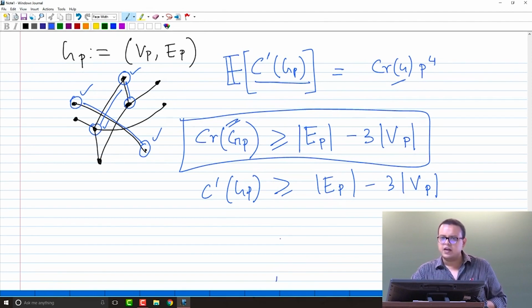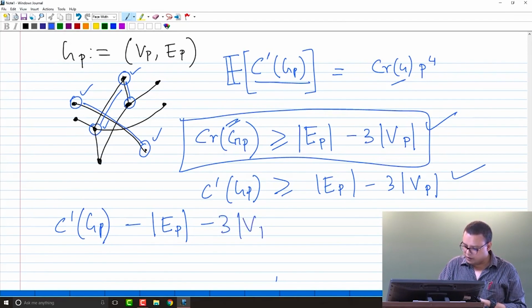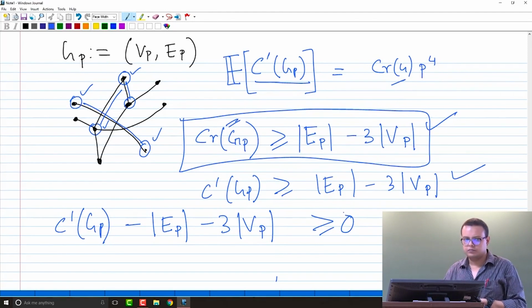This is the crossing that I am getting by keeping the same drawing of G. So what does this tell you? Just this equation tells you, and using this, we get C prime GP minus EP minus 3 VP is greater than or equal to 0.